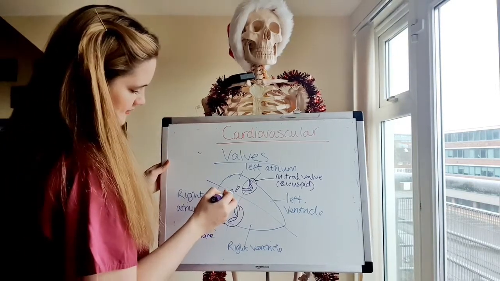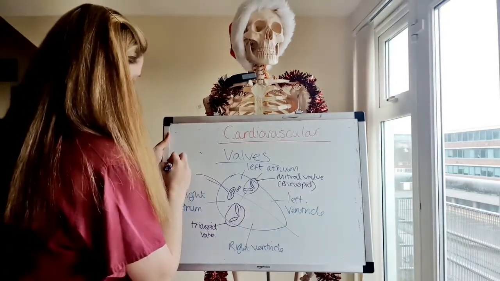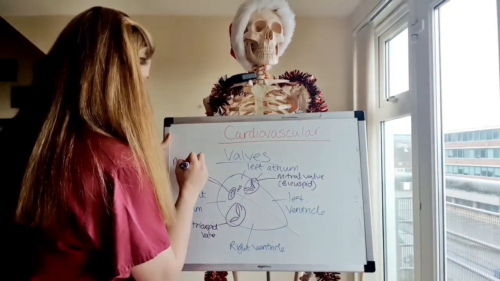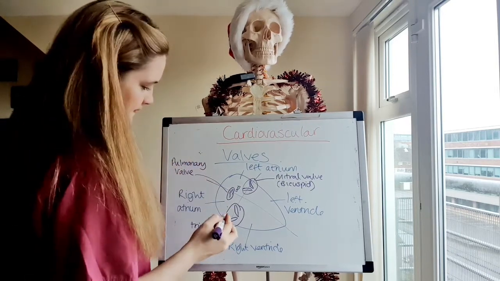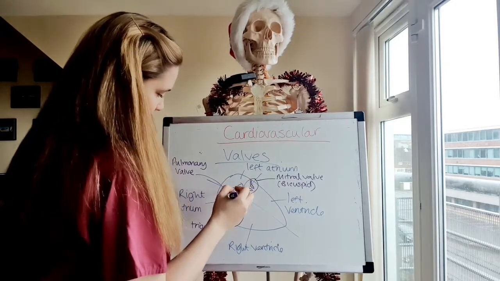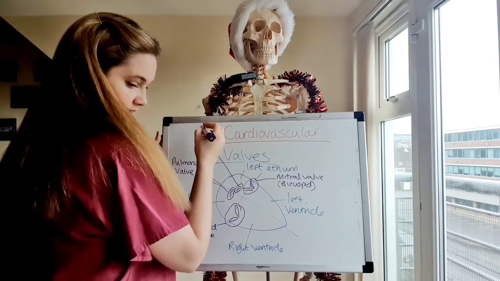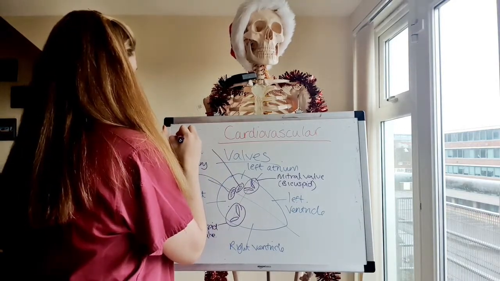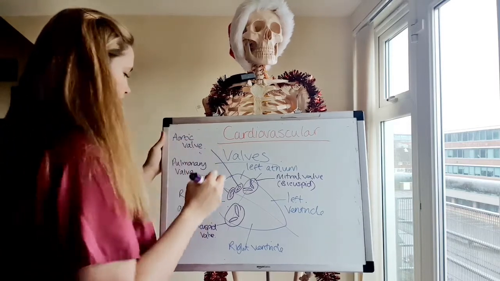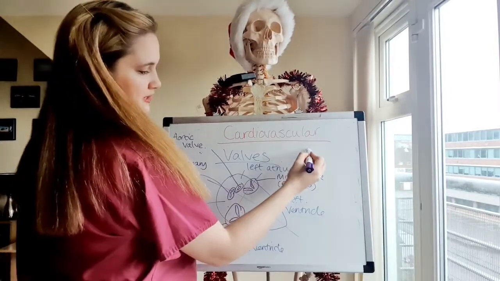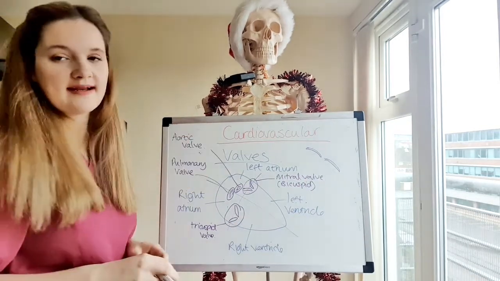Also on the right side, we've got these semilunar valves. This is the pulmonary, and this one on the left side here is the aortic. These are semilunar shaped, so if you were to look at a heart through a dissection, they look like little crescent moons.